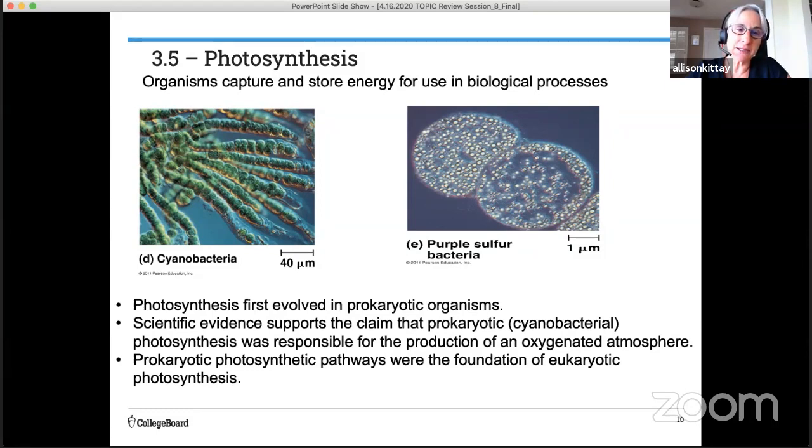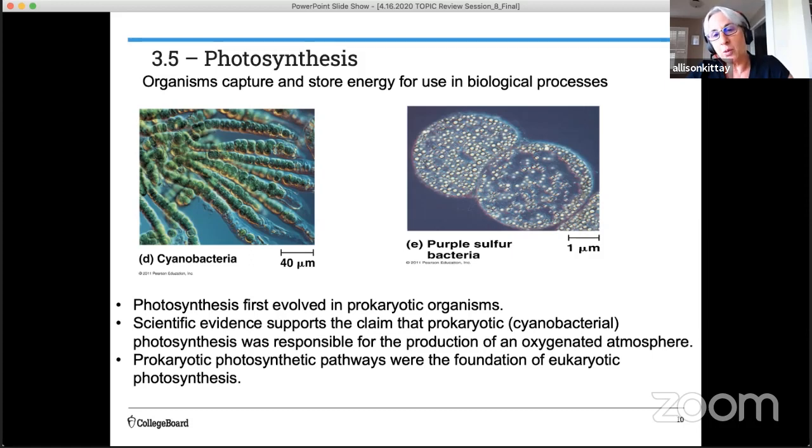It's on the left-hand side, and these are the organisms that built up the oxygen in Earth's atmosphere over many millions of years. The second thing is that prokaryotic photosynthetic pathways are the foundation of eukaryotic photosynthesis. Eukaryotic photosynthetic pathways evolved from these early prokaryotic pathways.